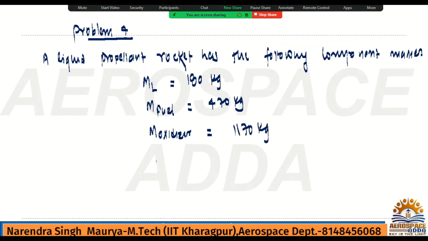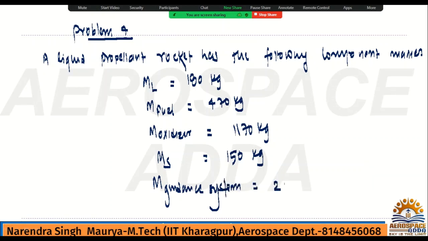Mass of structure is 150 kg. Mass of guidance system, how much is it? 20 kg.